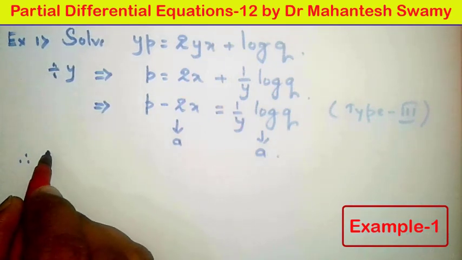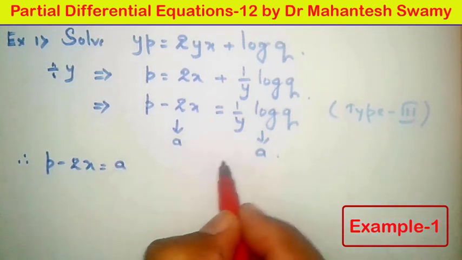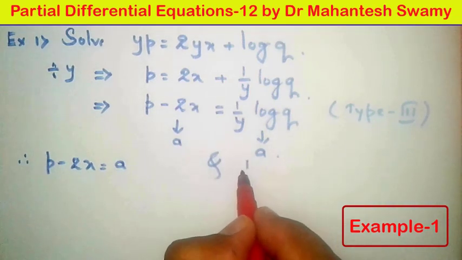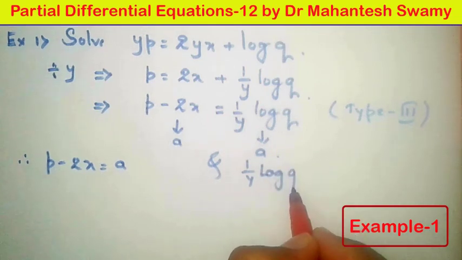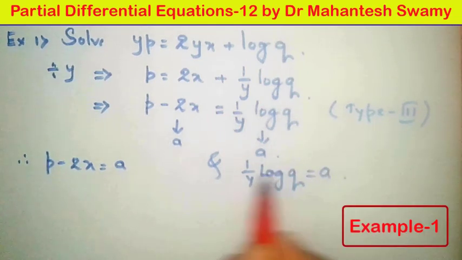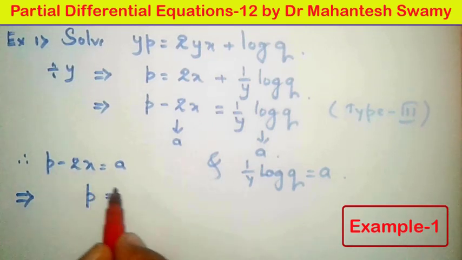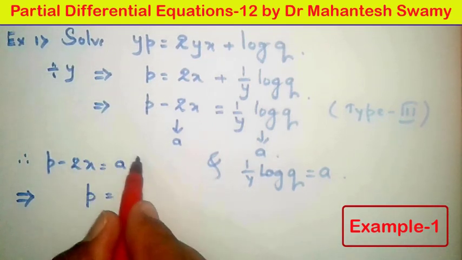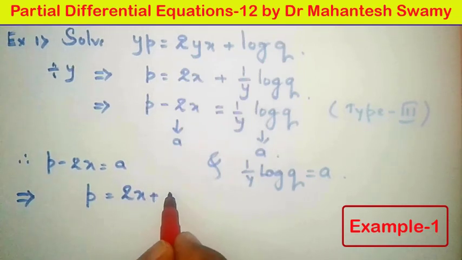Therefore, p minus 2x equals a and 1 by y log of q equals a. This implies the value of p from the first equation is 2x plus a.